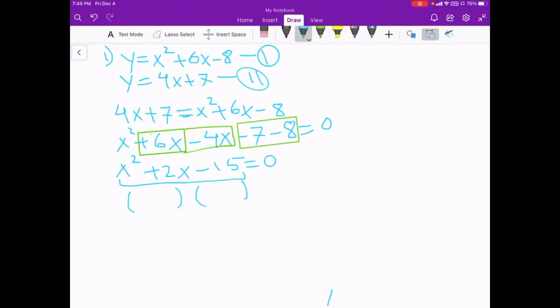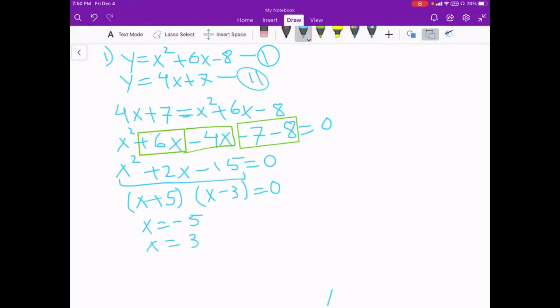So you should be coming up with your two factors, which are x plus 5 and x minus 3, right? Just to verify, 5 minus 3 gives you plus 2, and 5 times negative 3 gives you negative 15. If you solve for x, you should get x is equal to negative 5 and x is equal to positive 3.